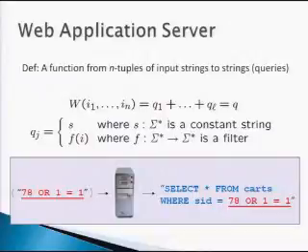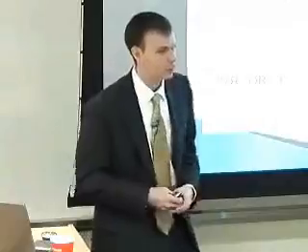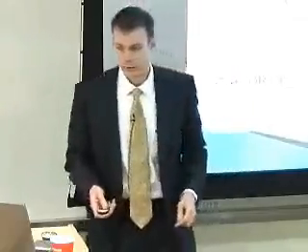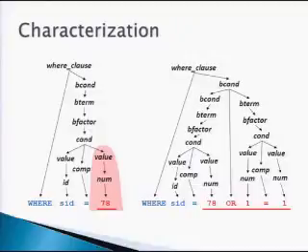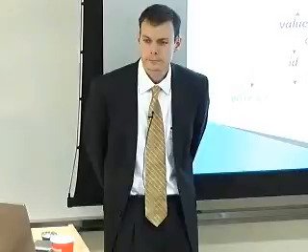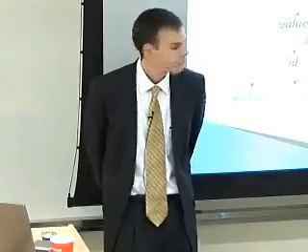In order to formalize this, we need to be able to formalize what is a web application server. On the previous slide, why is it not sufficient to just identify the cases where you have something like the right-hand side, where the input is not a value being parsed?